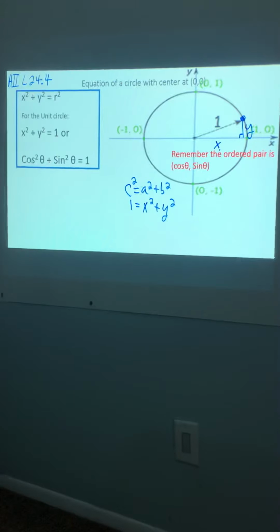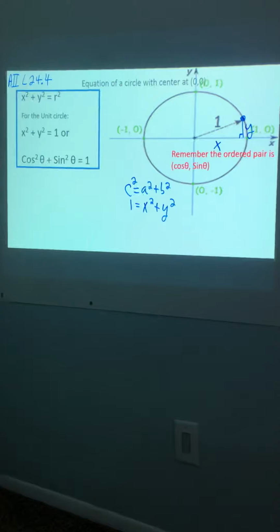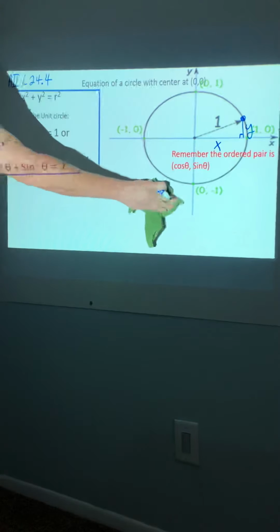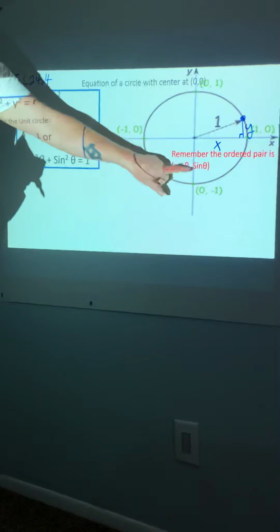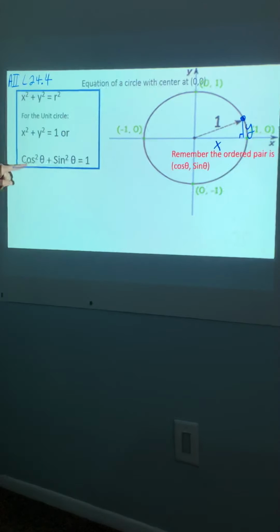Okay? So this is where everything you've been learning in mathematics comes together. That's kind of the beauty in mathematics, I think. Then to make it even stranger, now you see that really all you're doing is the Pythagorean theorem, but now that you're doing this trig unit, remember there's an x comma y, which is cosine of theta and then sine of theta, so you're going to replace x with cosine, and you're going to replace y with sine.